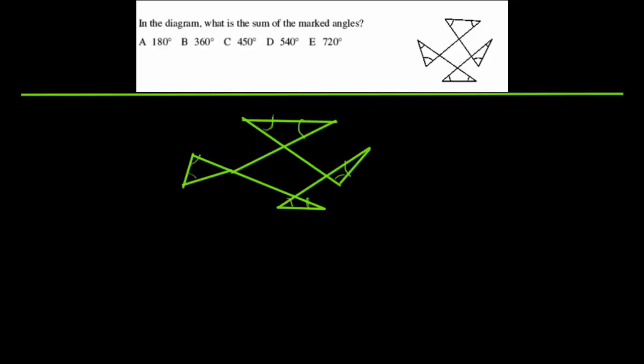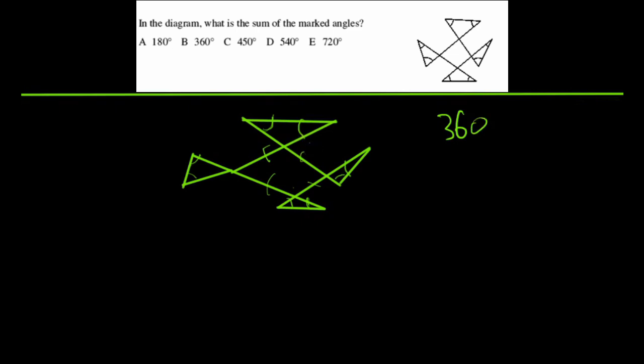Okay, so in this question we are asked to find the sum of the marked angles in the diagram. So I've quickly drawn the diagram here, and to start off with, we have a quadrilateral here. So here, here, here, here. And so the sum of the angles in the quadrilateral is 360 degrees.